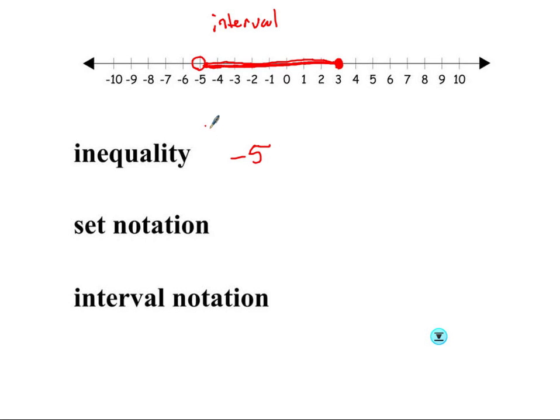Negative 5 is going to go on the left. And the highest number, the largest number in my interval, is 3. 3 is going to go on the right for the largest number. And this is the smallest number.